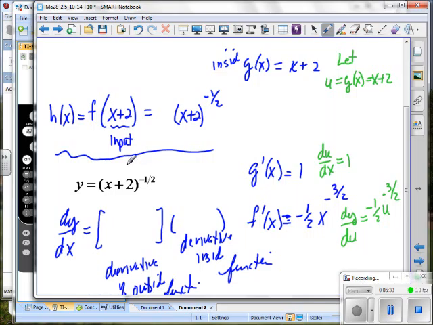Now the chain rule says this, and we're using the chain rule here, so I'm going to put it up here so we can remember. Chain rule. We've got the outside function, negative 1/2 u to the negative 3/2, times the inside function, which is simply 1 at this point.